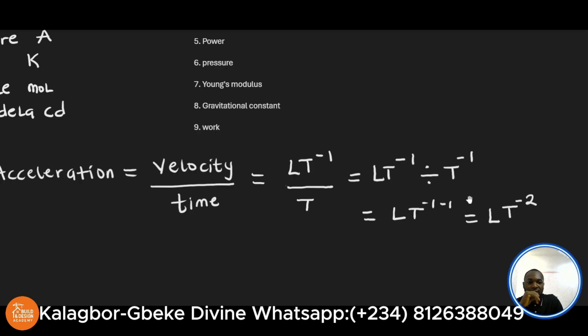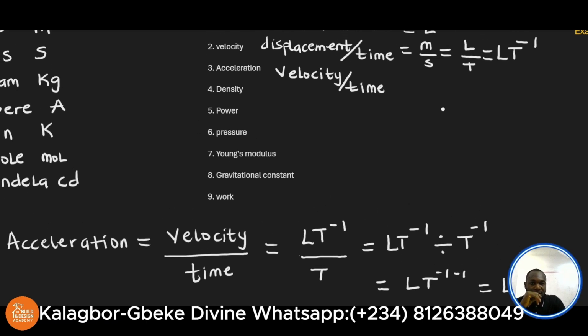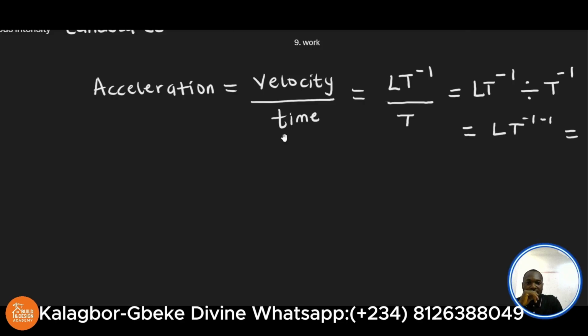So acceleration is equal to LT to the minus 2. Next up, we have density. We know that density is equal to mass over volume.